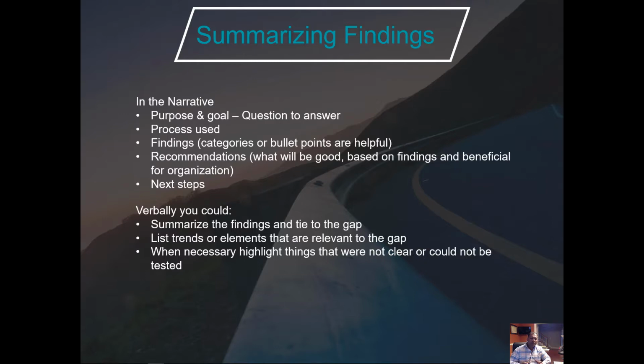The reason why I'm suggesting to do that verbally is because sometimes the narrative needs to be very tight. And in many cases, unless it is extremely necessary to call that out, you wouldn't necessarily need to say, well, I couldn't really observe this for XYZ reason, so I still have doubts on it.